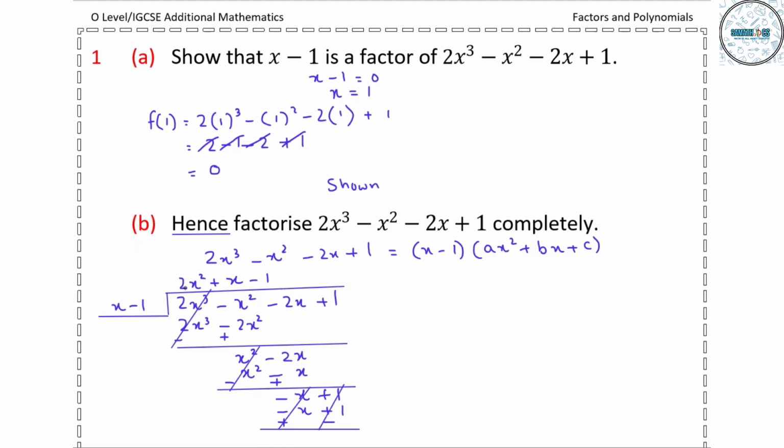So 2x squared plus x minus 1 is the quadratic factor when we divide this cubic expression by x minus 1. A video related to long division is already uploaded. You can go and watch that video if you have any queries related to this method. Next is the synthetic division method.